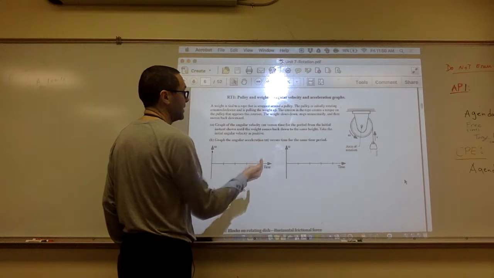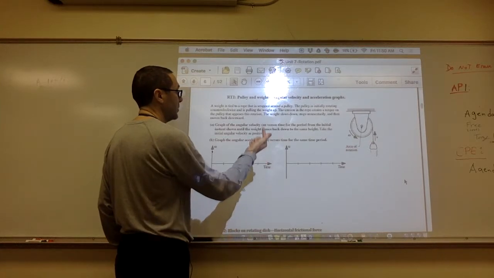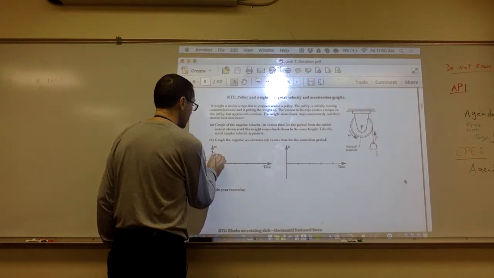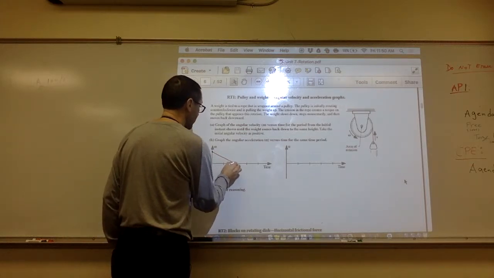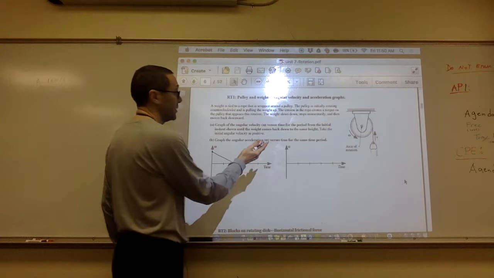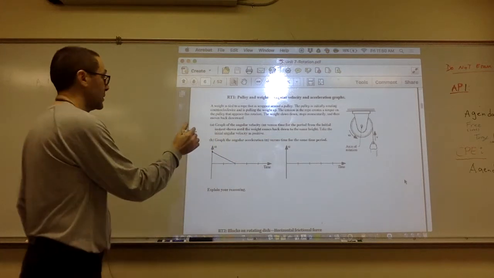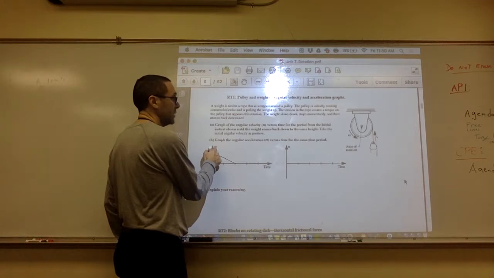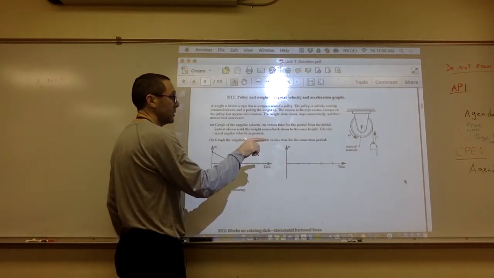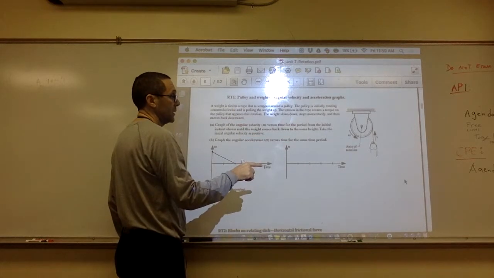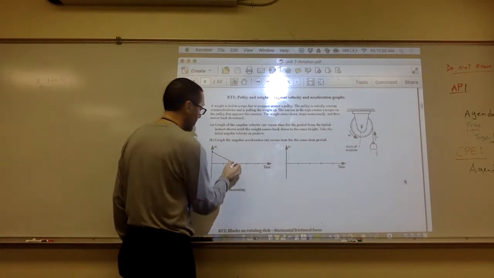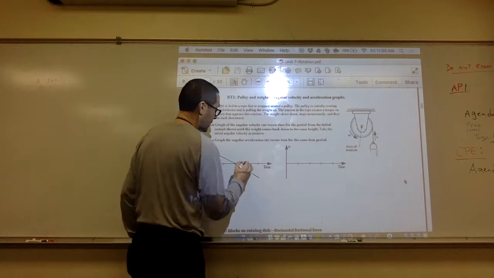What's going to happen is it's going to go up, but it's slowing down in the positive direction based on this convention. So it's going to stop here, so there is no angular velocity, and it's going to turn and go around in the clockwise direction, which is basically negative, and it's going to start to speed up. So it should look something like that.